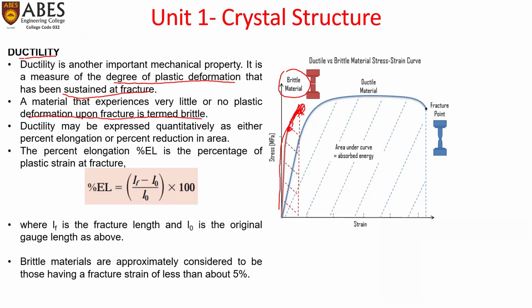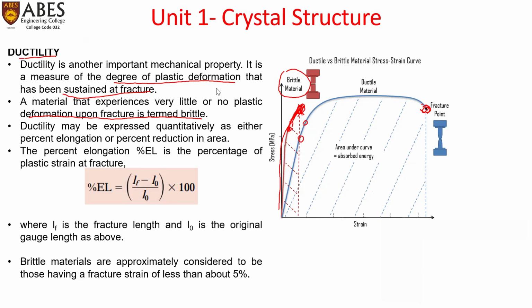So the stress-strain curve would end here. So brittle material would not go for plastic deformation. It is not ductile, it is brittle. And for ductile material, after the proportional limit, there will be an elastic limit, and after that, it will go a long way into plastic deformation, where the strength would increase by strain hardening, with subsequent failure at a very large strain. So it can be stretched to very large strain values.